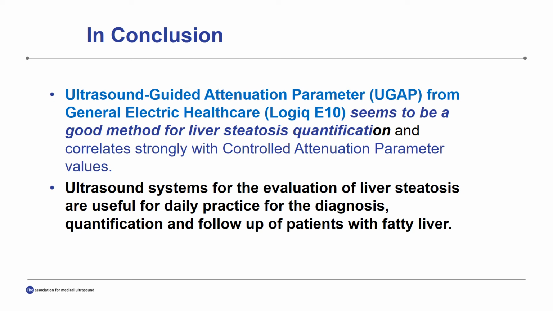And we like this because no matter whether it is a GE or a Canon system, we have in the same machine the capacity of making ultrasound, but at the same time making the quantification of steatosis, and this machine can at the same time make quantification of fibrosis.